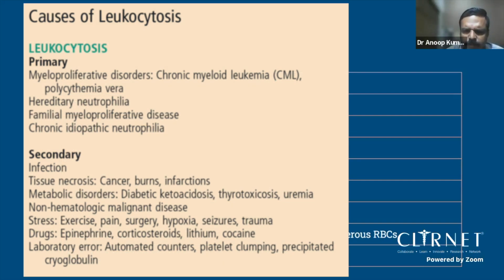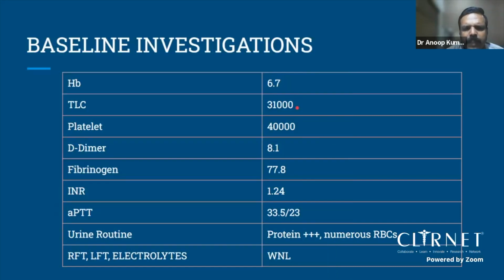Yes. So there could be an underlying cause. What else could have been there? If the platelet count is low and the total leukocyte count is increased, what else do you expect in the liver function test? In the liver function test, we expect an increase in transaminases and a decrease in albumin, especially in preeclampsia.